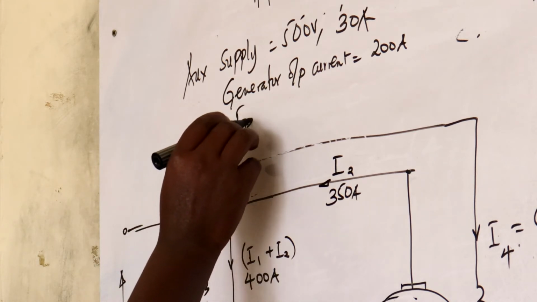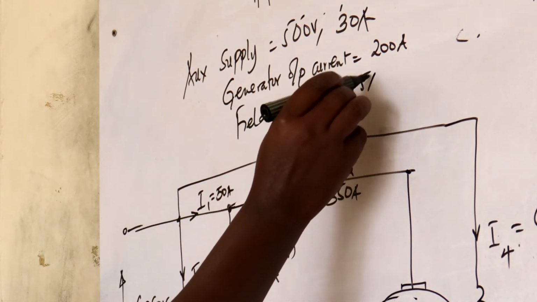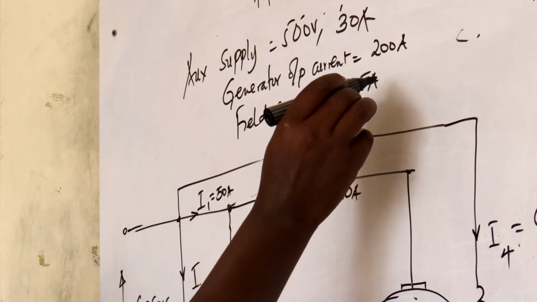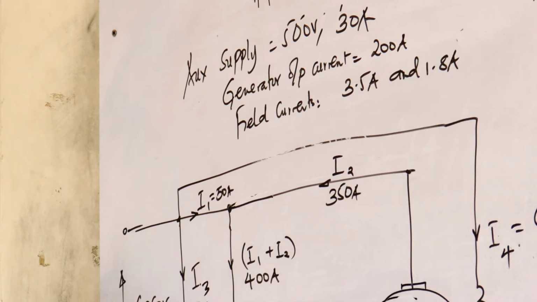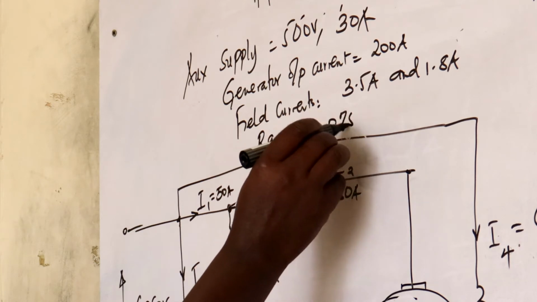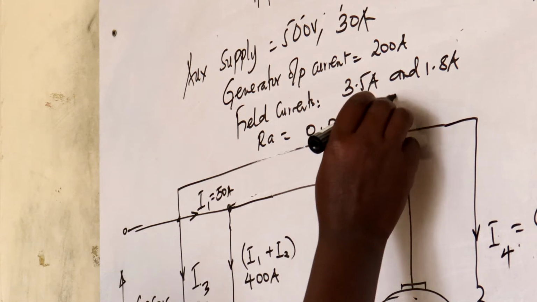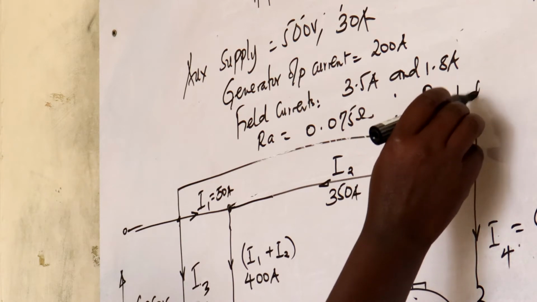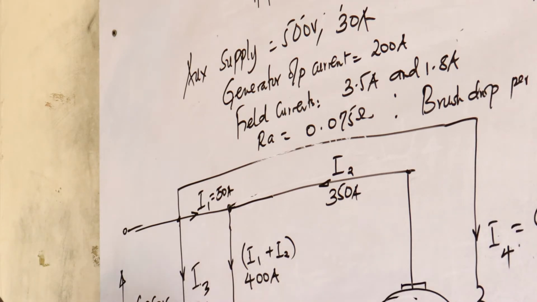Field currents are 3.5 and 1.8. Armature resistance is 0.075. Brush drop for each machine is 2 volts.